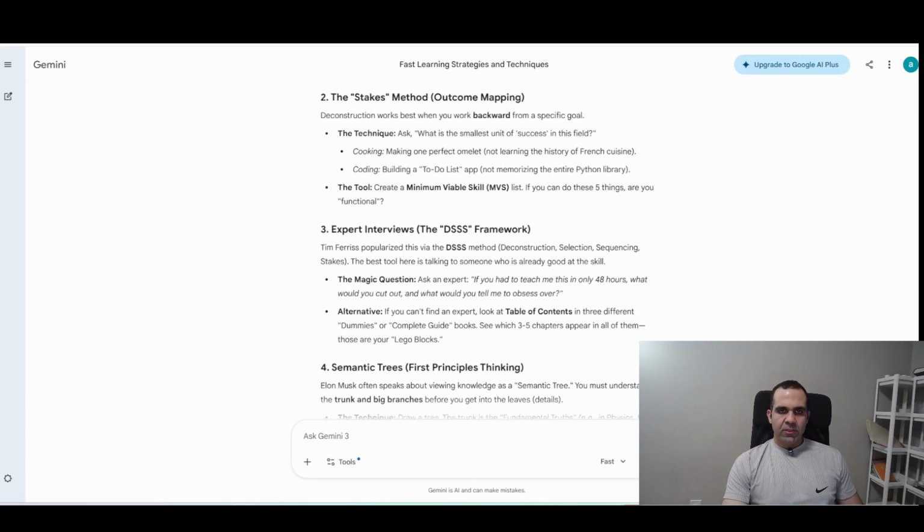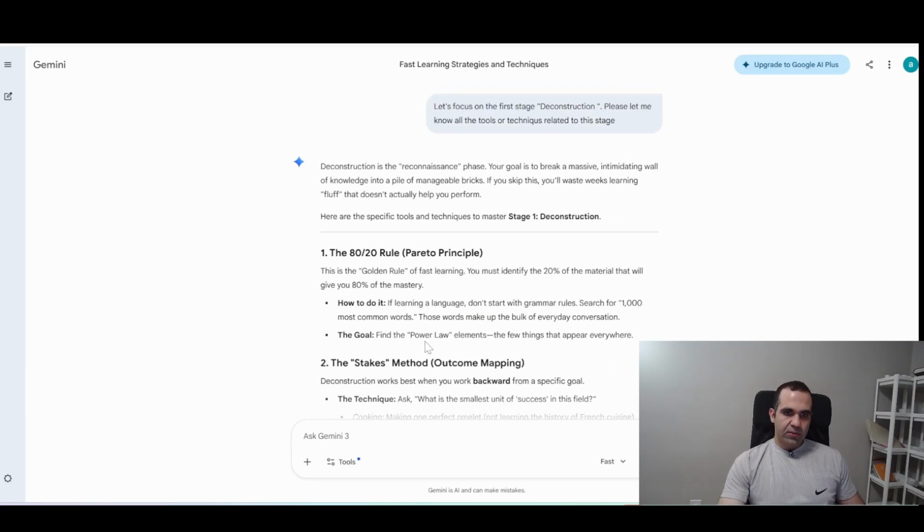So in the deconstruction, we want to deconstruct the topic into different parts. 80-20 rule: this is the golden rule of fast learning. You must identify the 20% of the material that will give you 80% of the mastery. How to do it?